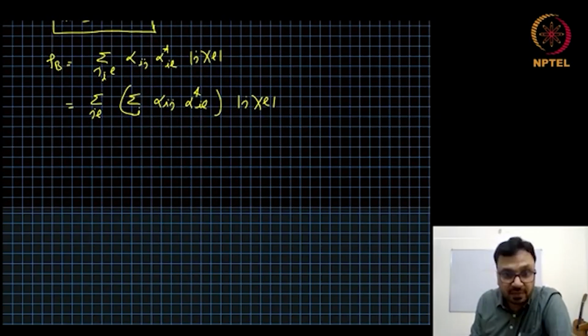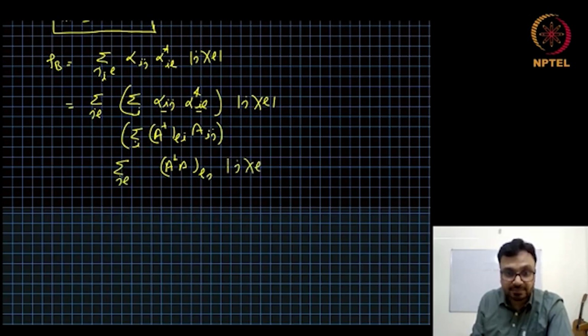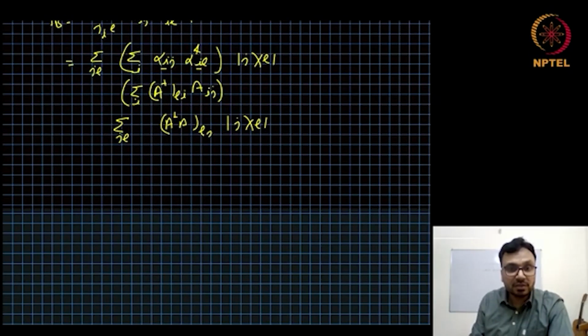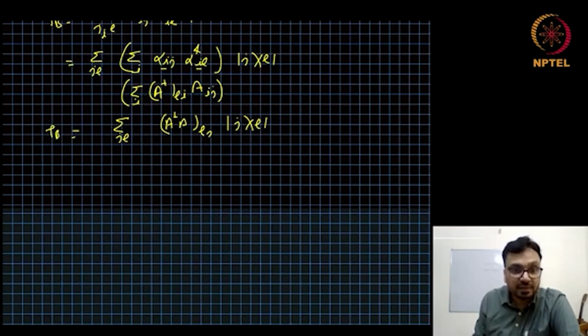Now you can see we have A dagger_li and A_ij, and the sum over i becomes the element of A dagger A. So the A dagger A element is the coefficient of the JL element of rho B. So we can say rho B is A dagger A transpose.